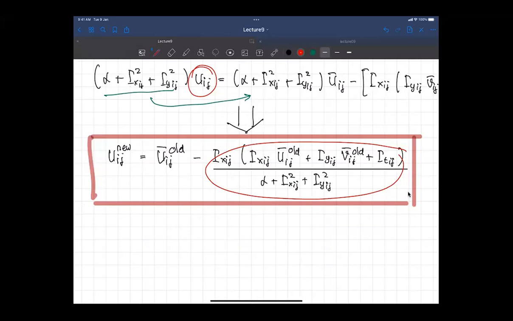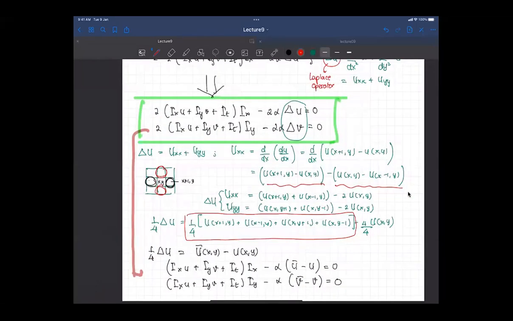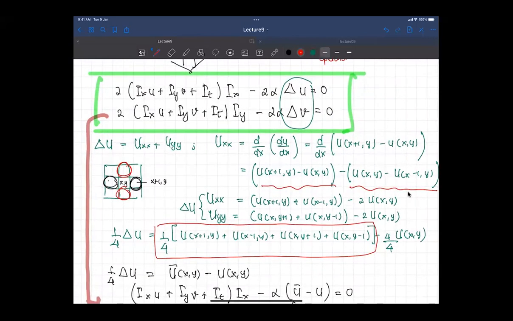Any questions here? That's right. So again, u and v is the delta. In the beginning, we have this u, delta u, u_xx and u_yy, and then we do the discrete operation.